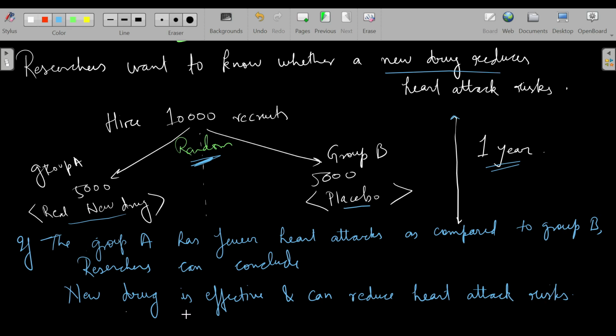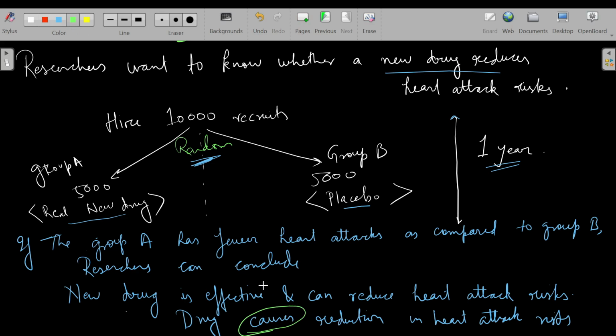So in this particular case, the drug causes reduction in heart attack risks. The key term over here is causation. In the observational study, it was association. Here it is causation. This drug is a direct cause for the reduction in heart attack risks.